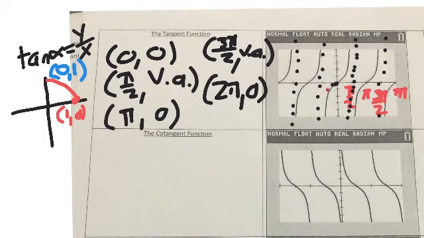The reason you have to remember that is because if you look at cotangent, what does cotangent do? It does the opposite. Cotangent decreases and then hits an asymptote. Decreases, asymptote, decreases, asymptote. So you're going to have to remember the difference without having the benefit of those points to guide you.